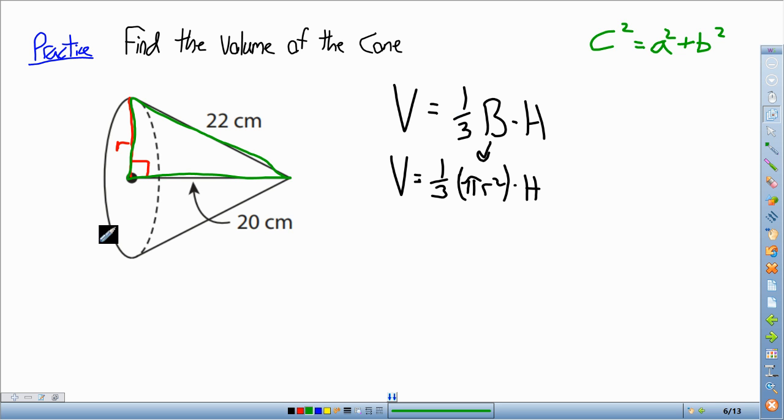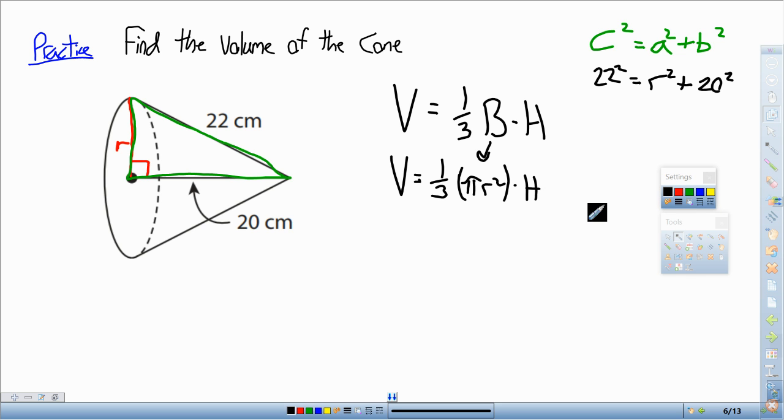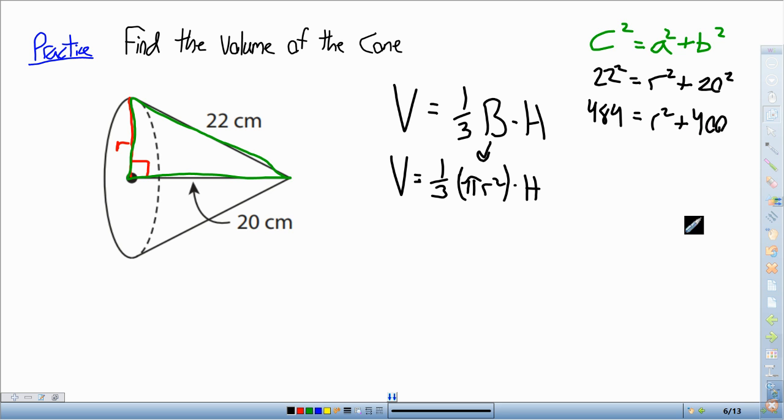Okay, so c is the hypotenuse of my triangle, which is 22. a and b are the two sides. I'm going to make r a, and I'm going to make 20 b. Just like before, I'm going to start solving this. Let's square this. So 22 squared is 484 equals r squared plus 20 squared, which is 400.